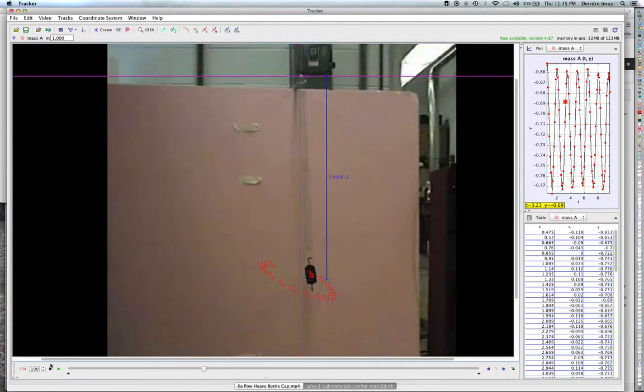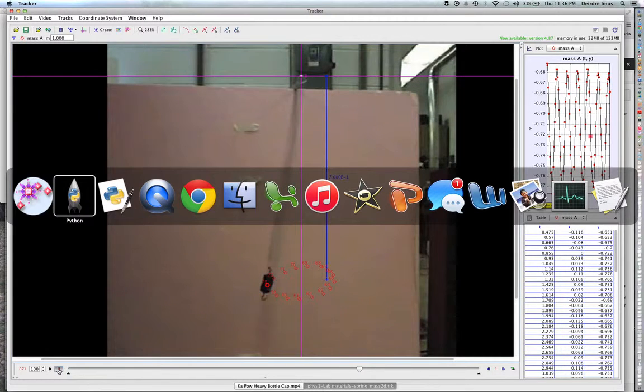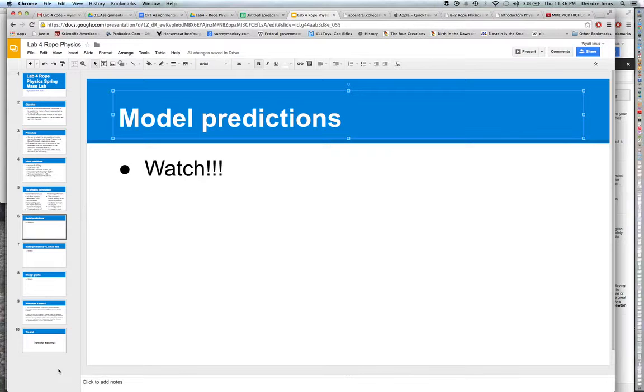Whereas in Tracker, our mass just goes counterclockwise the entire time. So that's a little different. It could be due to the fact that we did something wrong initially while we were plugging in our data, or it's just the way everything was predicted from our code.